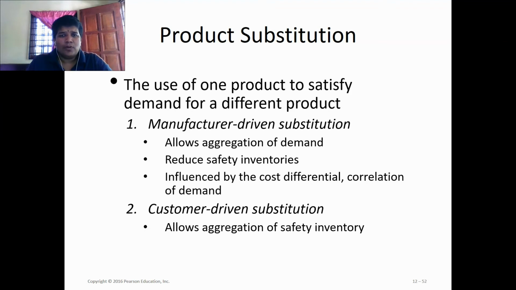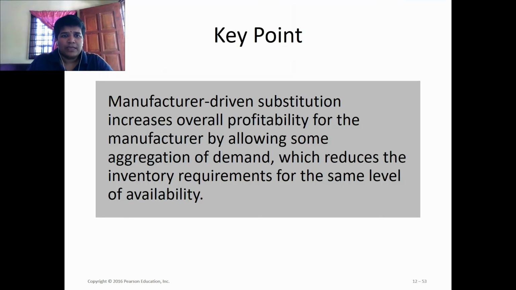So in product substitution we have two elements which we need to give serious attention: one is manufacturer driven substitution, and the second is customer driven substitution. The key point here: manufacturer driven substitution increases overall profitability for the manufacturer by allowing some aggregation of demand, which reduces the inventory requirement for the same level of availability.